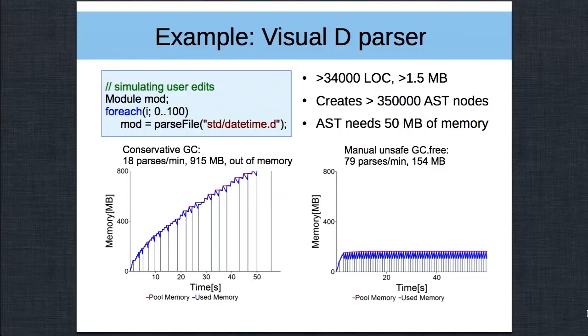This file has more than 34,000 lines of code, and more interesting is the size of the file, which is read in one block, about 1.5 megabytes. It creates 350,000 AST nodes, and each node is slightly more than 64 bytes in size.